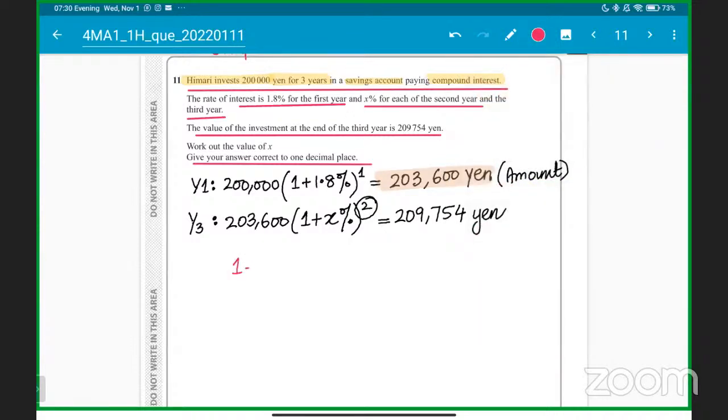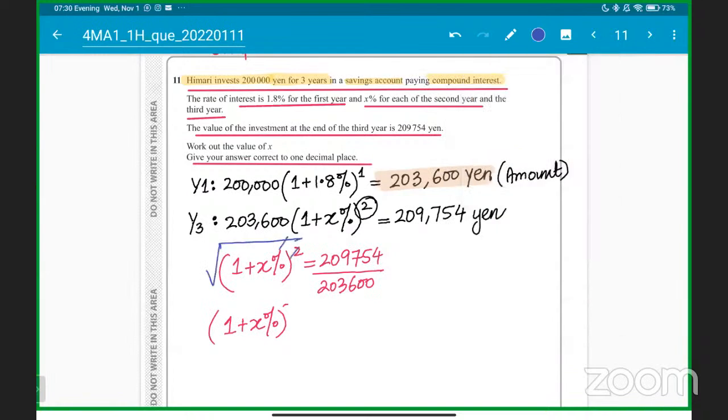So here we go: 1 plus X% to the power of 2 is equal to 209,754 divided by 203,600. It's better we don't do the calculation now. We just put the square root on the other side and do it in one go in the calculator.